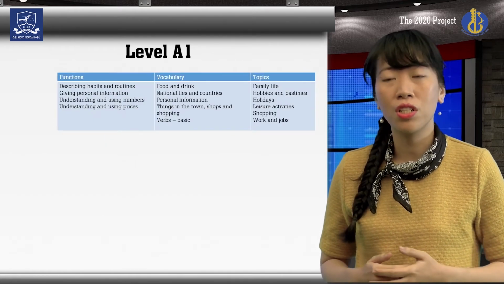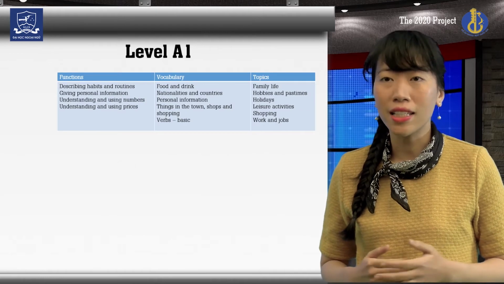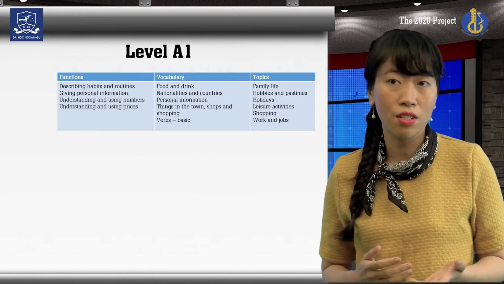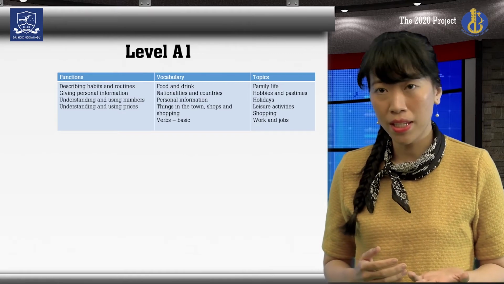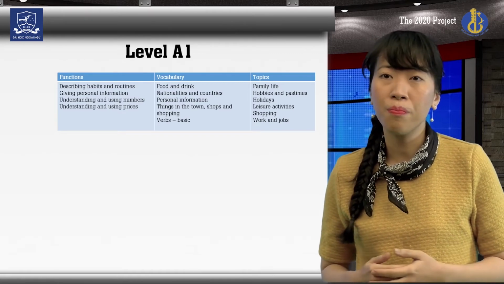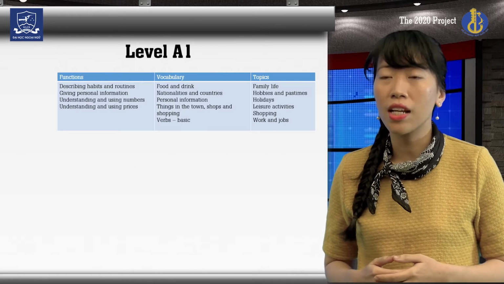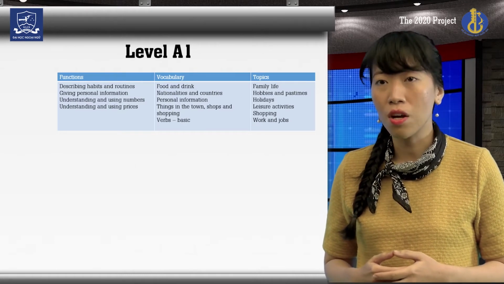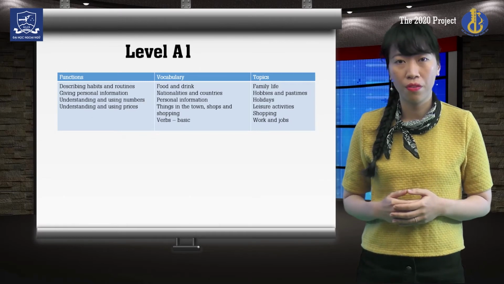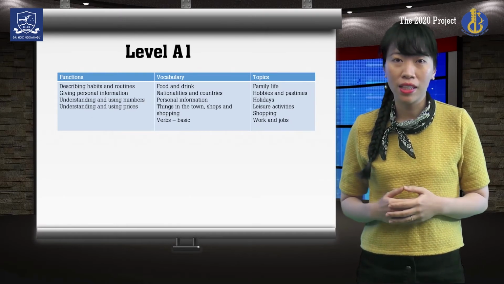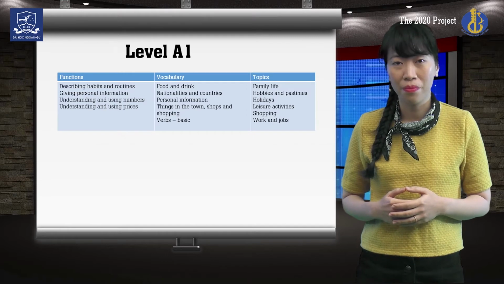Now, back to the question we have at the beginning. What activities can A1 learners do in writing? Here we are. They can describe habits and routines. For example, my brother goes to work at 8 o'clock. I always go swimming on Tuesdays. They can give personal information. My name is Minh. I'm from the north of Vietnam.